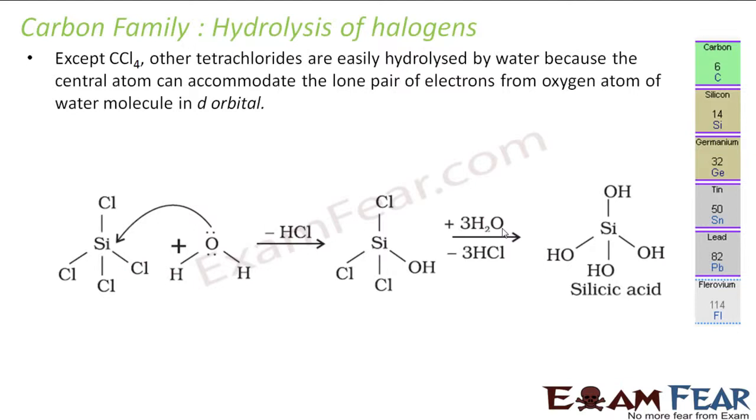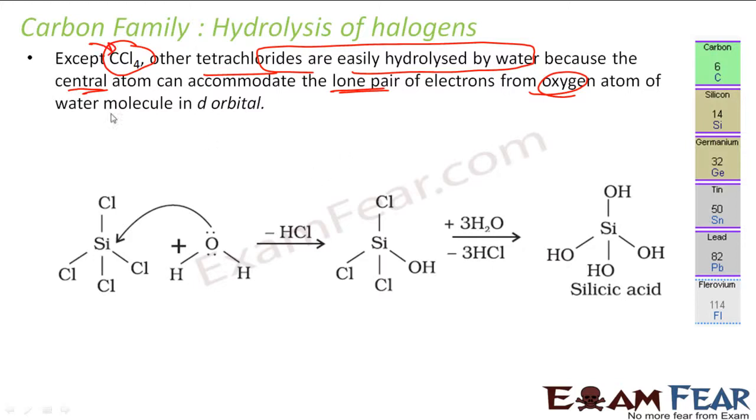Let's talk about the hydrolysis of halides. Except CCl4, other tetrachlorides, like PbCl4, easily hydrolyze with water, because the central atom can accommodate the lone pair of electrons from oxygen. But since carbon is small in size, it cannot accommodate.